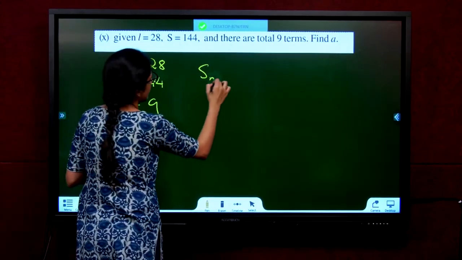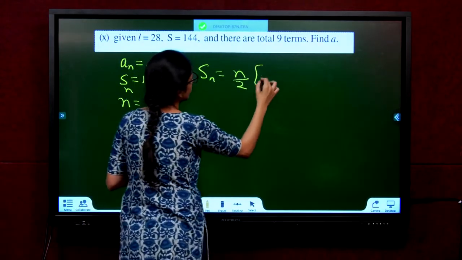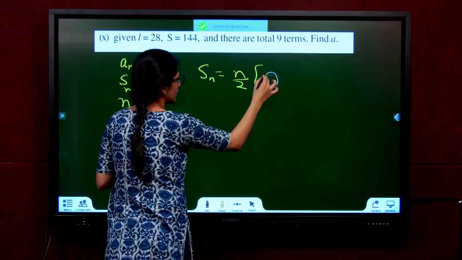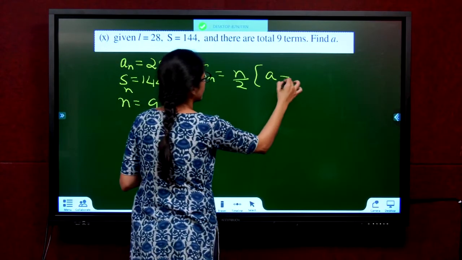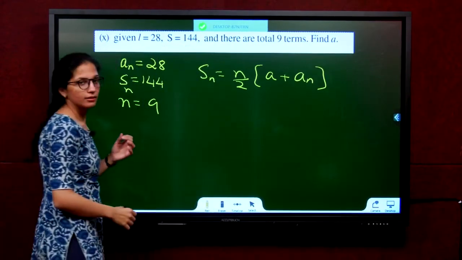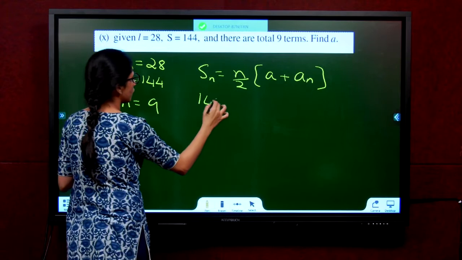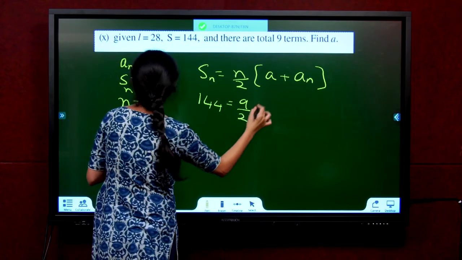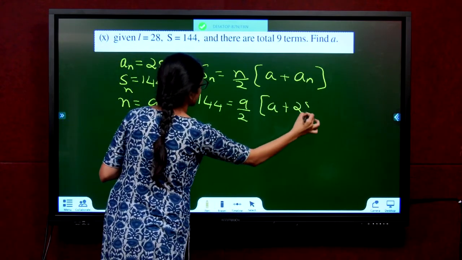The first formula. Sn is equal to n by 2 into A plus an. Just substitute directly. 144 is equal to 9 by 2 into A plus 28.